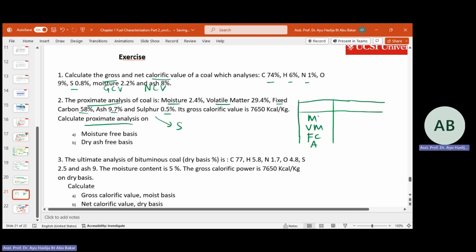Okay, so here they have given the percentages: 2.4, 9.4, 58 and 9.7. Does it total 100%? I calculated.